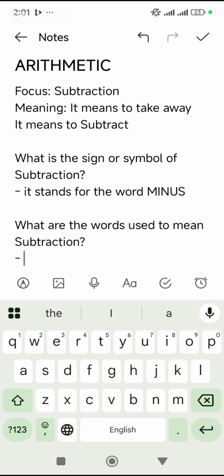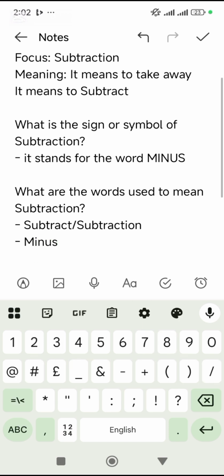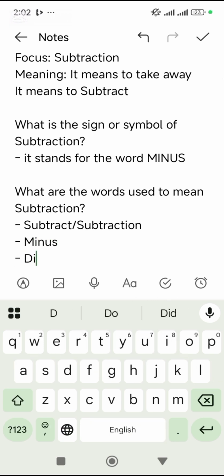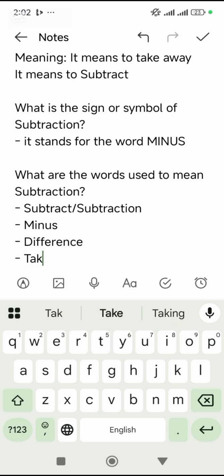Number 1 is subtract or subtraction. Number 2 is minus. Number 3 is difference. And number 4 is take away.